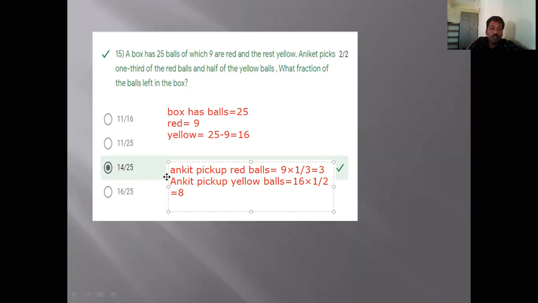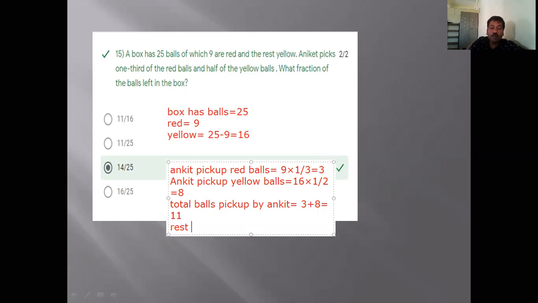Now the total balls picked up by Ankit is 3 plus 8, which is equal to 11. Balls left is equal to 25 minus 11. We get 14 balls.